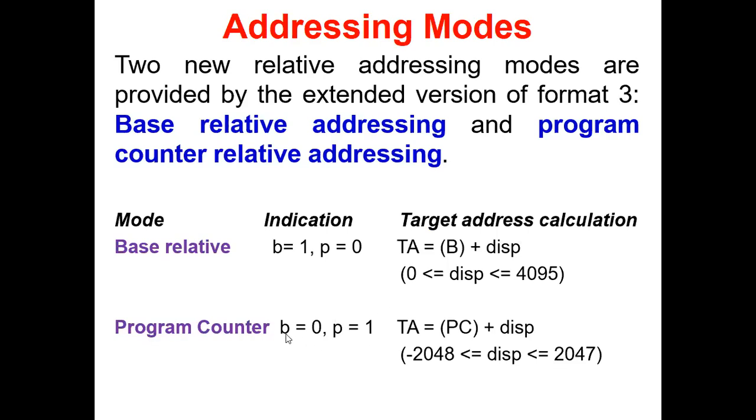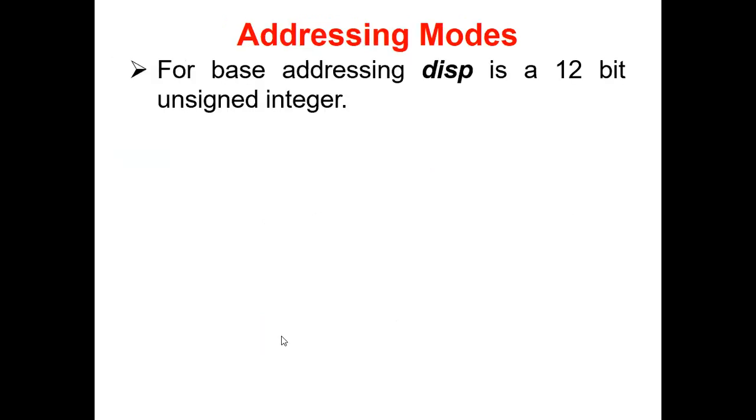But when P is 1 and B is 0, then the target address is calculated by taking what is in the program counter plus the displacement. Remember, the target address is that address where we want to get data from, if the data is in memory, or that address where we are going to deposit the data. Okay.